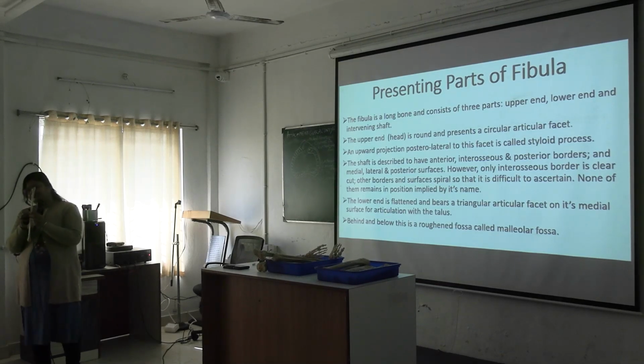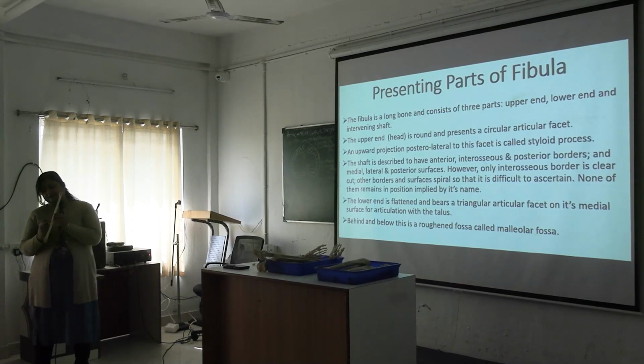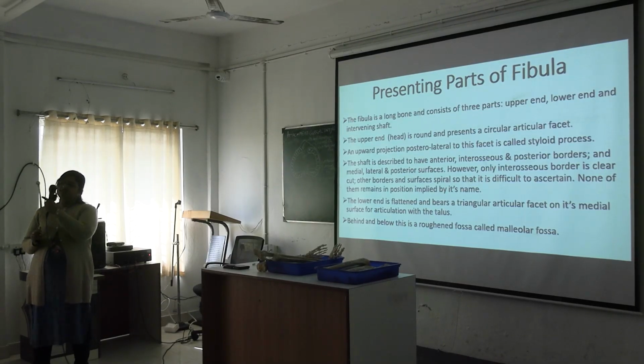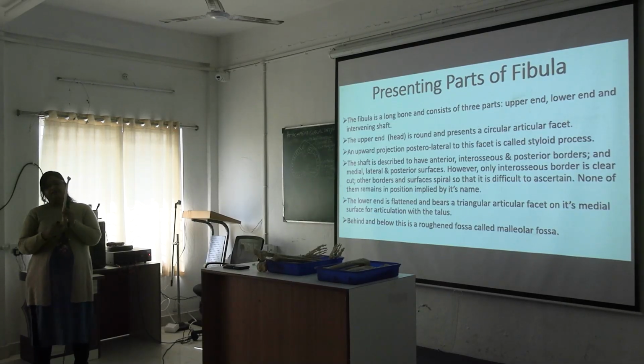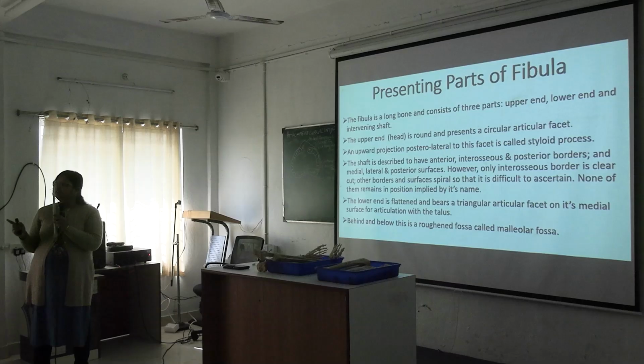You can see here, this sharp border is the anterior border. Just in front of it, almost 3 to 4 millimeters away, is the interosseous border. Okay, and here is the posterior border, and this ridge is known as the median crest.